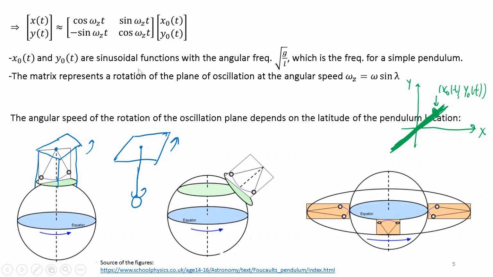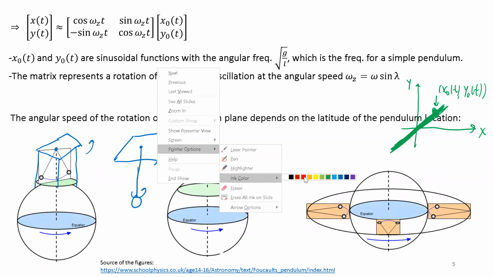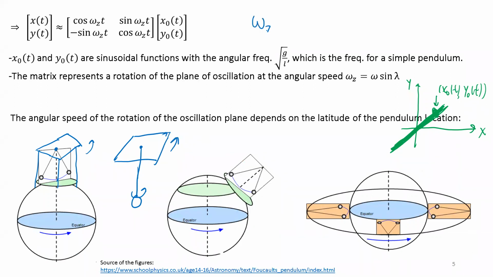The rotation frequency is given by this omega z, and remember, this omega z is related to the Earth rotation by this equation: omega times sine lambda. When you're exactly at the North Pole, lambda is 90 degrees, so that omega z is just omega. But if you're not, then this sine lambda is smaller than 1, so the rotation frequency is actually smaller than the Earth rotation frequency.